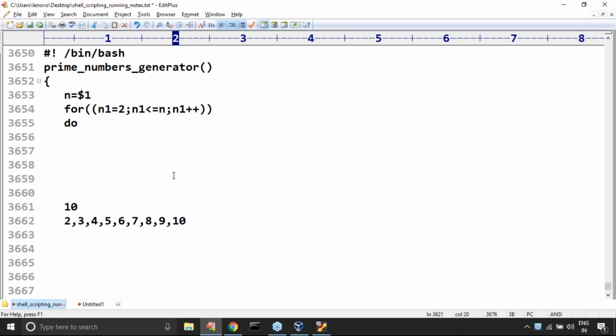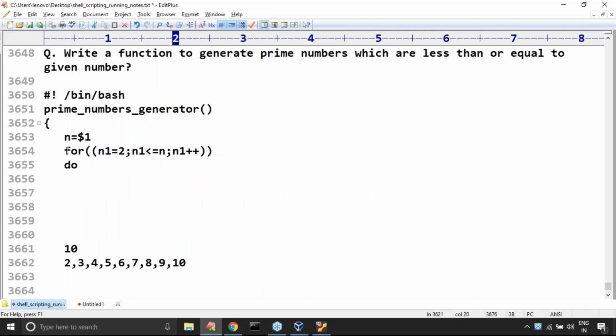Next, the same. Sir, now this loop is going to execute 2 to 10 times. Now my job is to check whether the current n1 is a prime number or not. Okay, so for, I'm taking again, don't get confused.